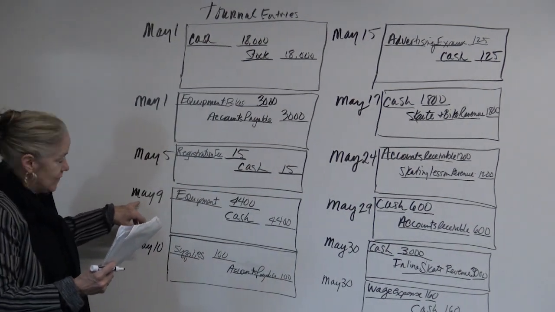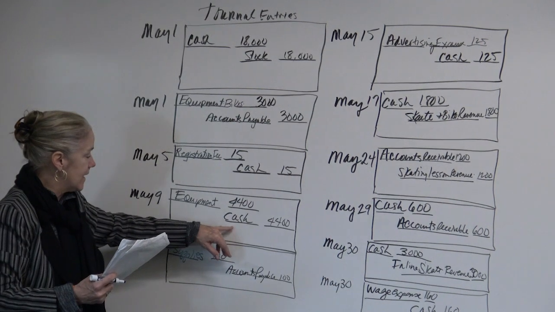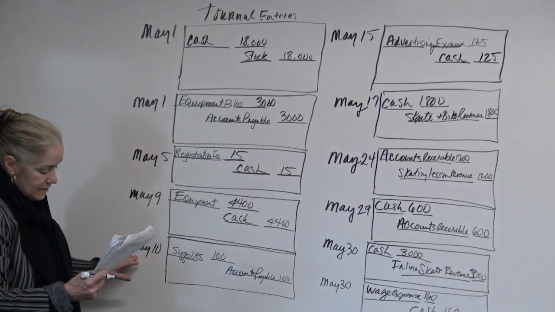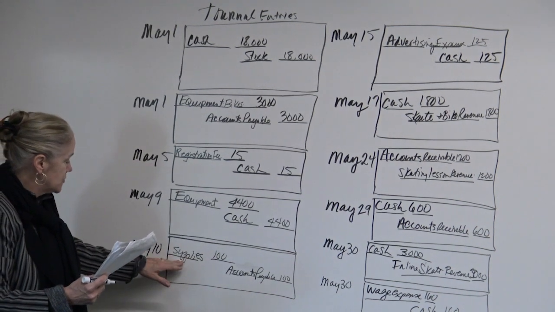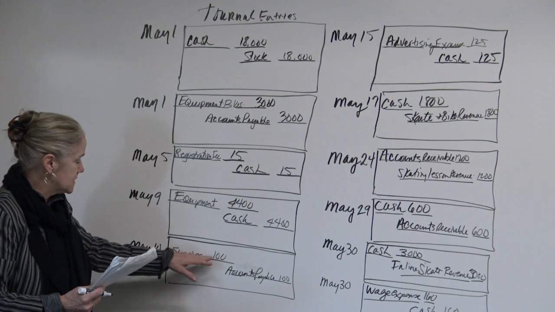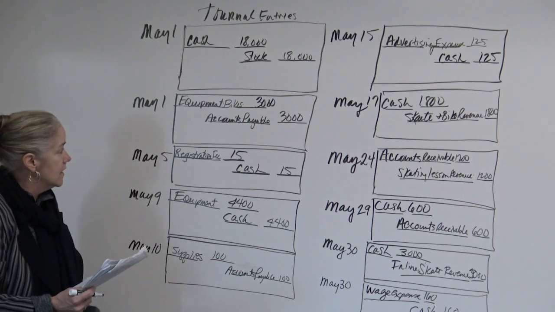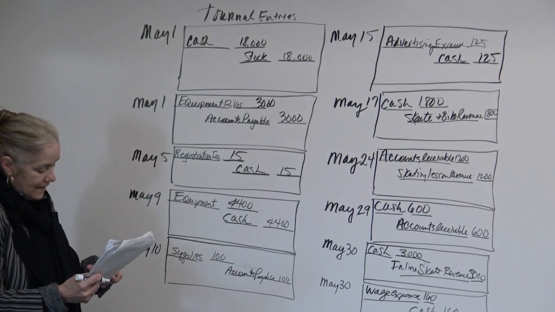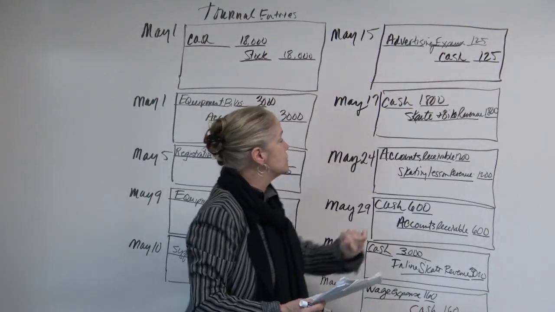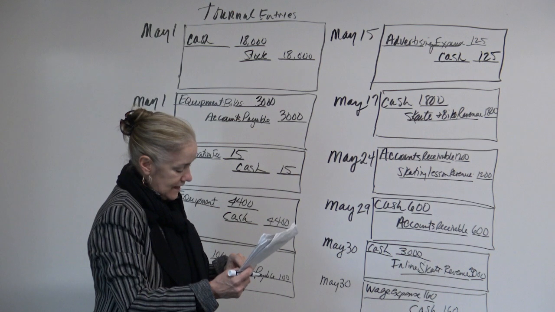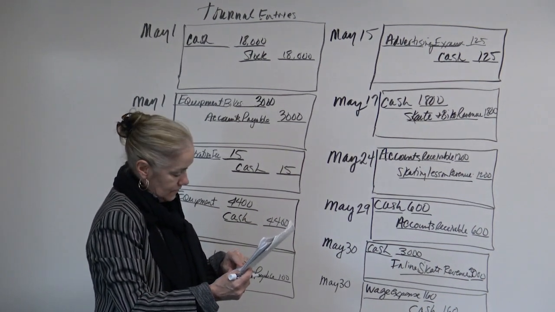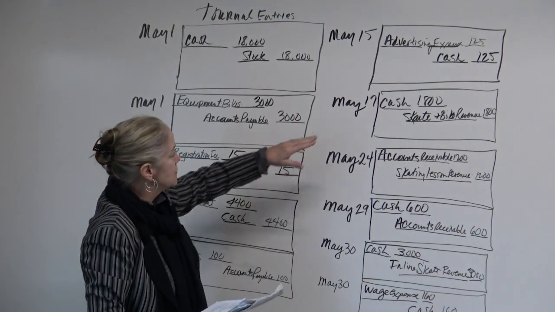On May 9, we have equipment for $4,400. We have credit to cash. We did pay cash, so that's decreasing. And on May 10th, supplies we purchased, and we're going to have 30 days to pay for that. So the supplies 100, accounts payable credit 100. Then on May 15th, we have advertising expense for $125, credit to cash for $125, and then on May 17th, we have debit to cash and then credit to revenue.